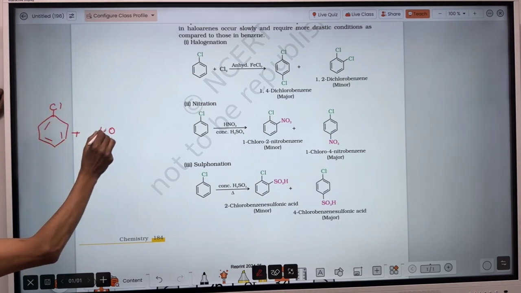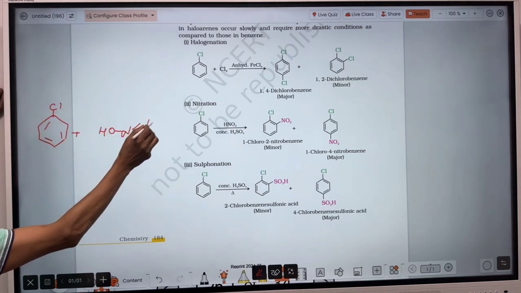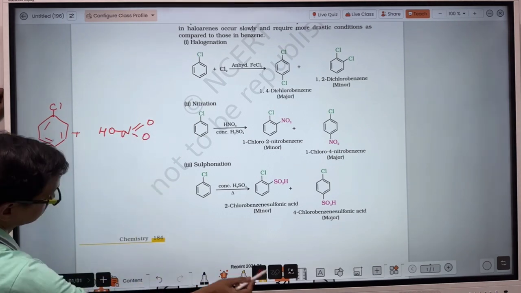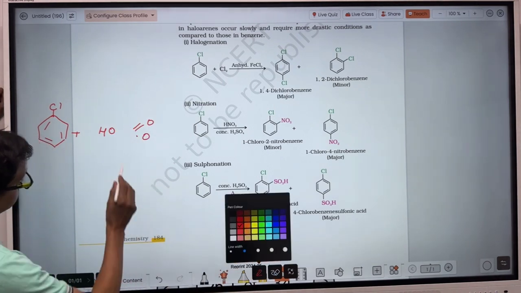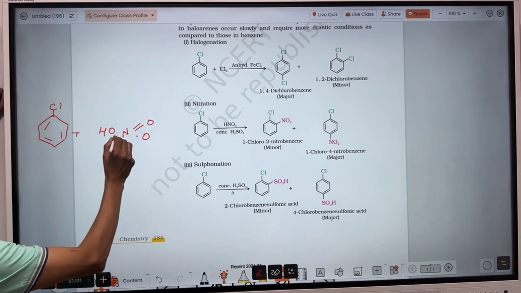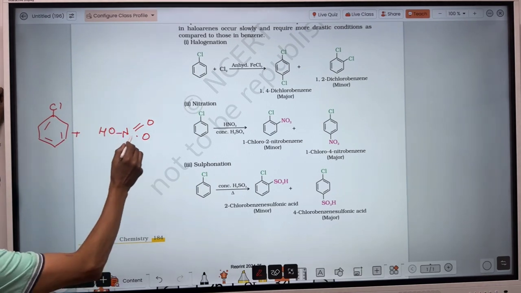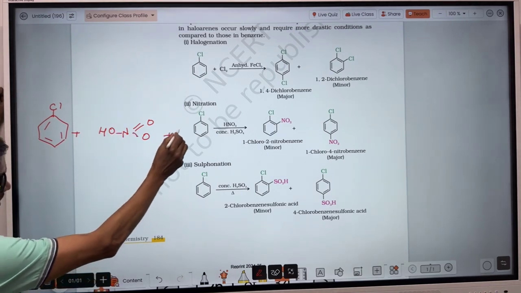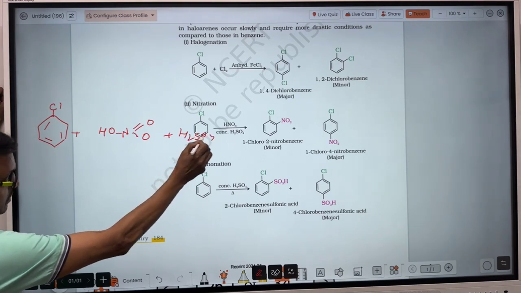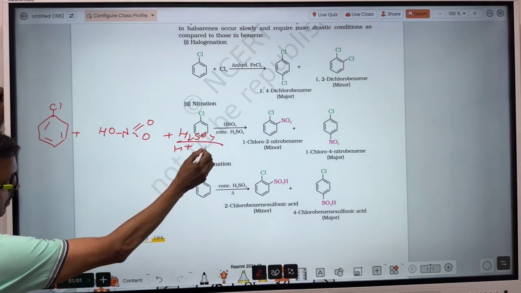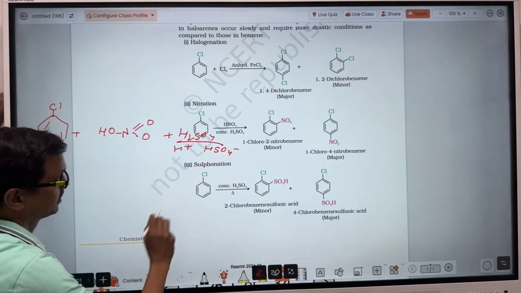HNO3 structure is like that. H2SO4 is taken here as a catalyst. What is actually happening here? H2SO4 dissociates into H plus and HSO4 minus.